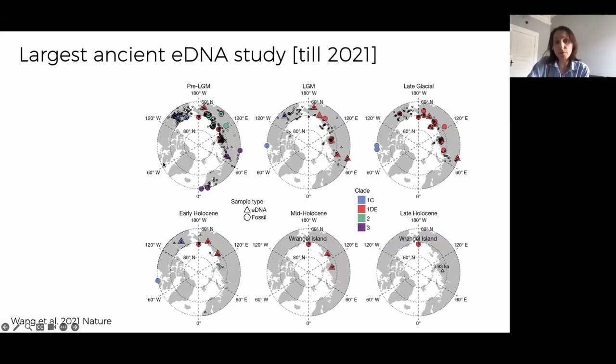But with eDNA, we were actually able to find additional sites elsewhere in the Arctic, in Siberia, with supposed presence of mammoth all the way to the mid-Holocene. So with this method, with eDNA, we can start revisiting our understanding of the geographic ranges of some of these extinct megafauna and have a better understanding of the spatial trajectory of their extinction.